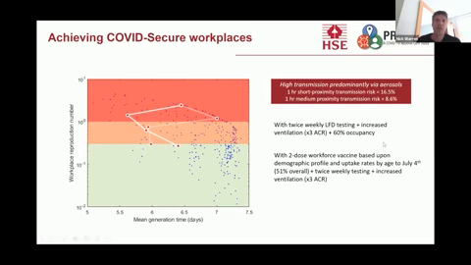But then if we introduce the twice weekly testing and the increased ventilation, then we get down to a comparable level to what we got before. So what we can see there is the vaccination makes a very significant contribution, but in many instances, it's not going to be sufficient in its own right to control workplace exposure, if that was the aim.